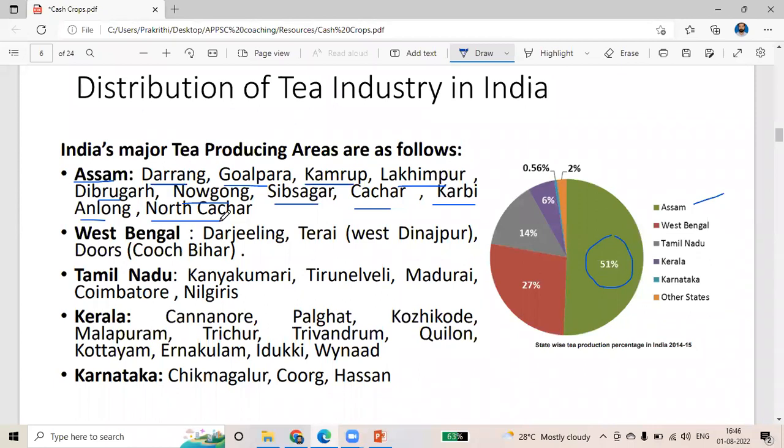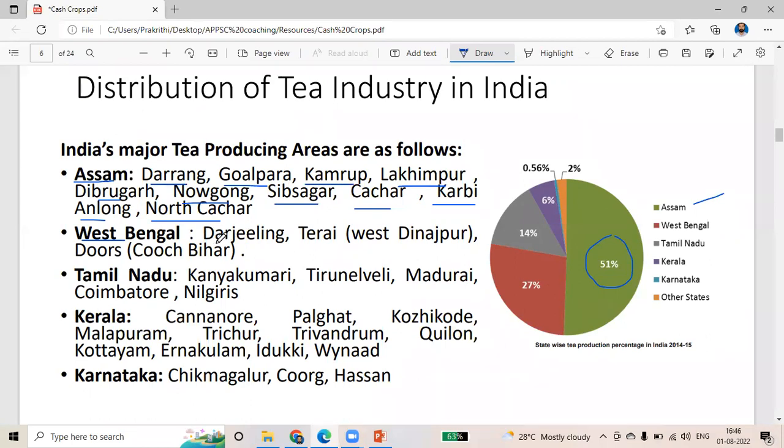So Assam covers 51% of the total tea production in India, which is being followed by West Bengal. So Northeast India, if you look, this 51 plus 27, almost 80%, is dominated by the northeastern part of India.